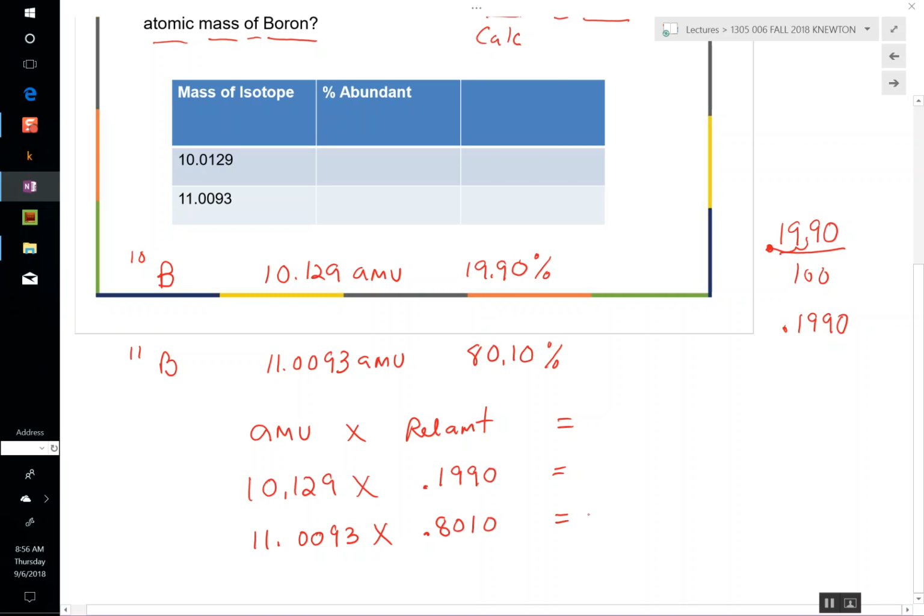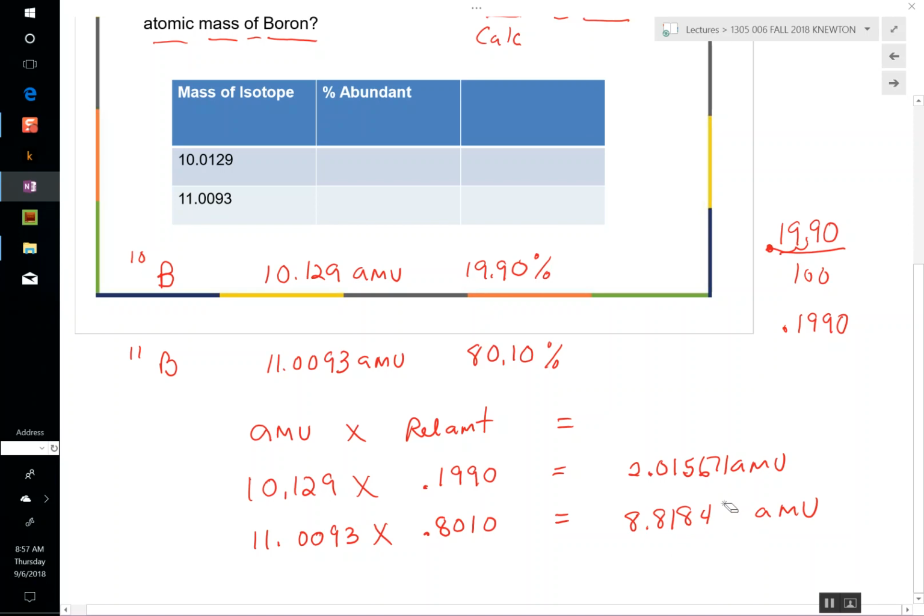So someone give me this number. 2.0156. And someone give me this number. I got 8.8184493. Is that right?